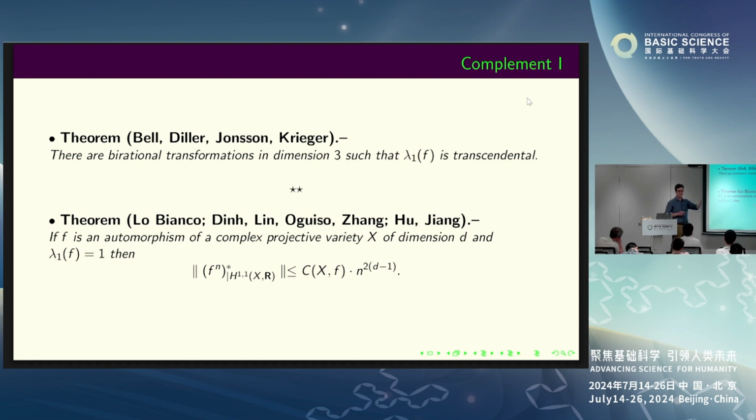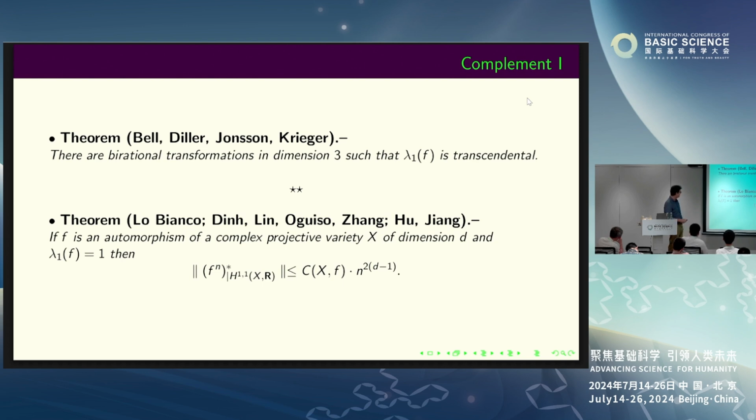Or you can ask the question, if lambda 1 is equal to 1, so the growth rate is not exponential, is it automatically a polynomial behavior? This we don't know for birational transformations in dimension strictly more than 2.